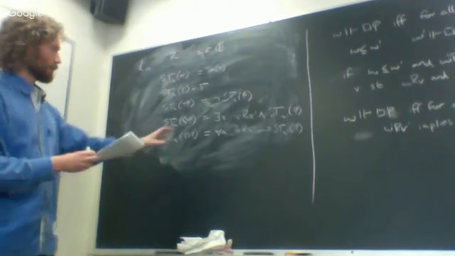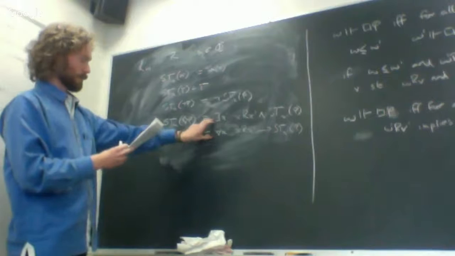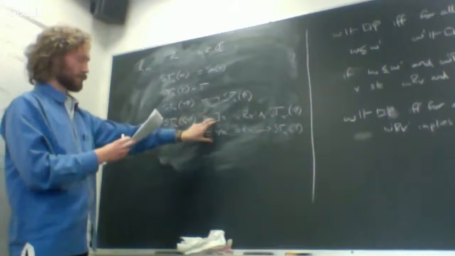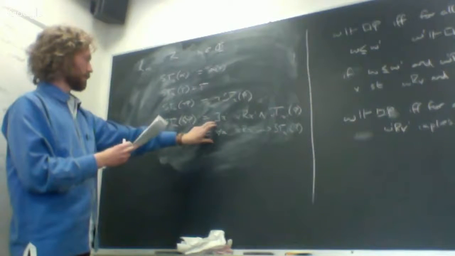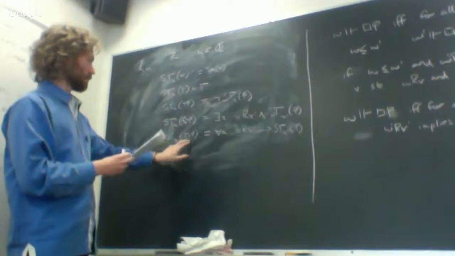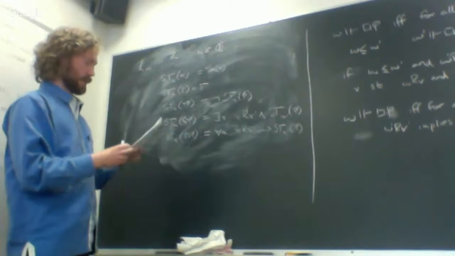And as you can see here, the translation codes up the Kripke satisfaction clauses for box phi and diamond phi being satisfied.